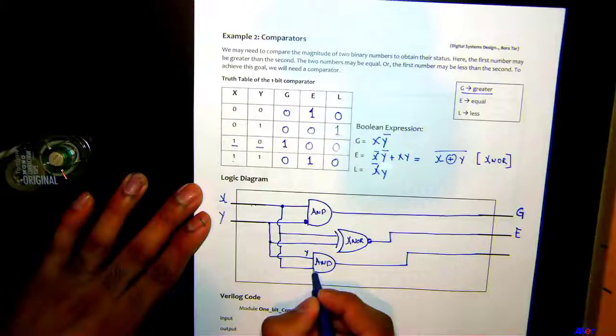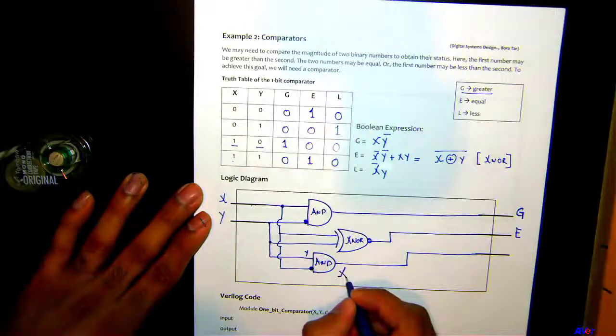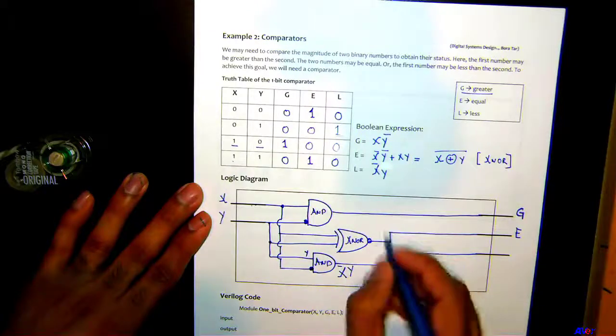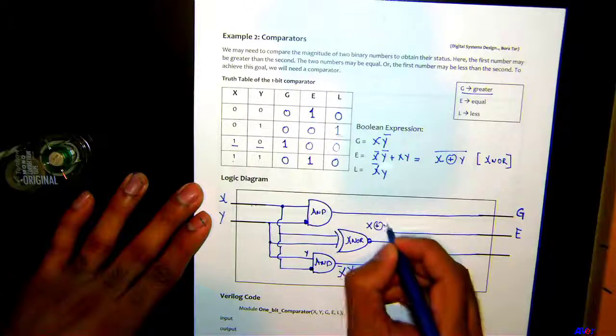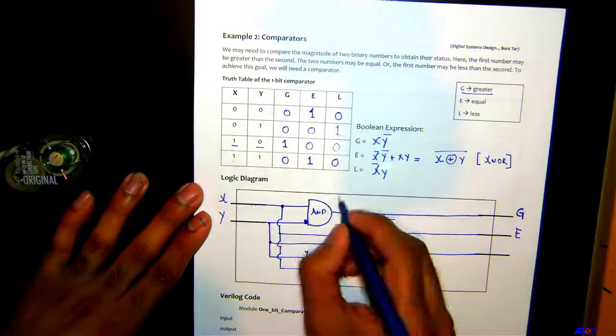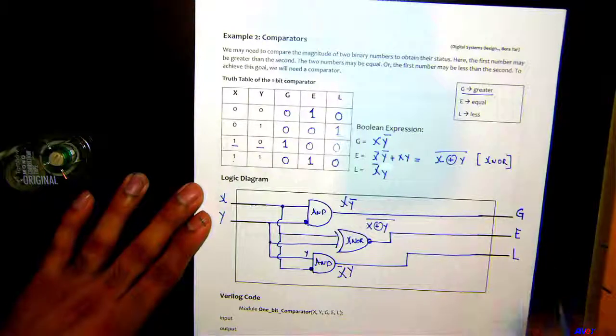And we would need a bubble here because it's x bar y, so we get x bar y here, we get x plus y and on the whole thing, and we get x y bar here. Okay, and this will be our L, correct?